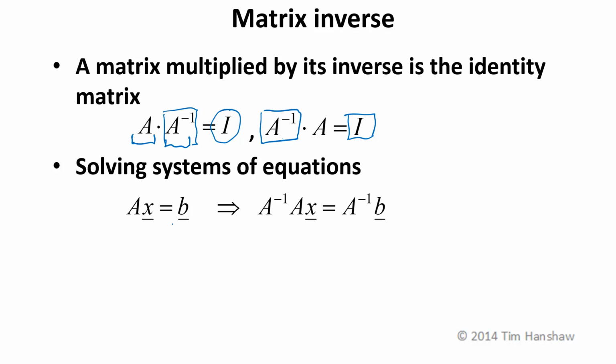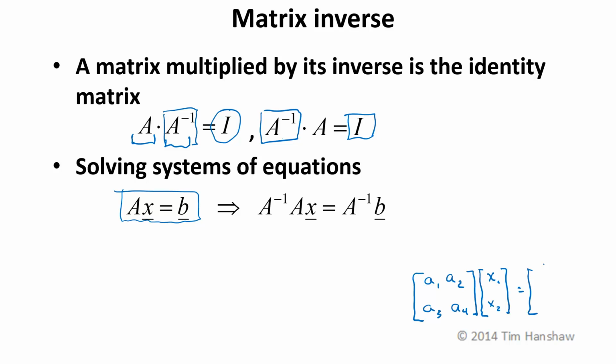I can use this to solve systems of equations. If I have a set of equations in this form, so for example, A1, A2, A3, A4, a 2 by 2 matrix of numbers, times a vector of variables, x1 and x2, is equal to a column vector of numbers, b1 and b2, and I need to find these, I can pre-multiply both sides of the equation by A inverse.